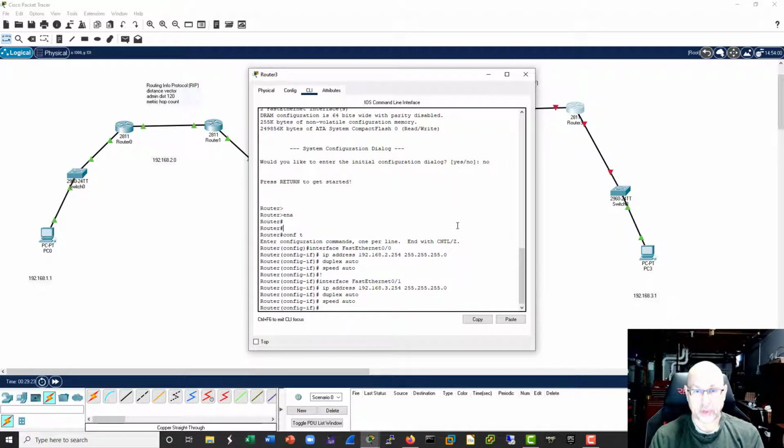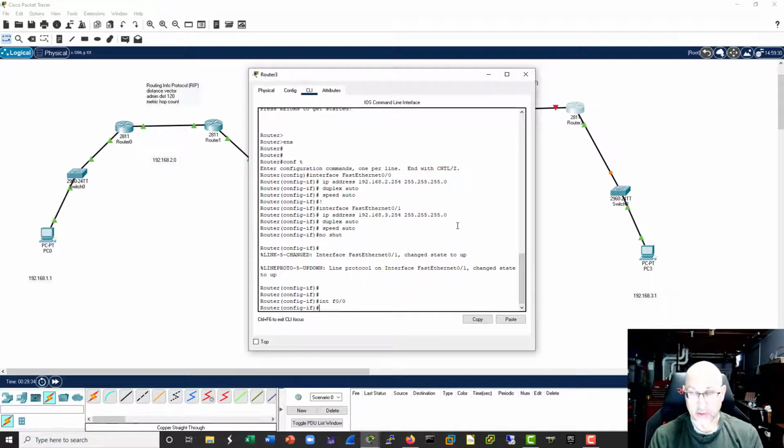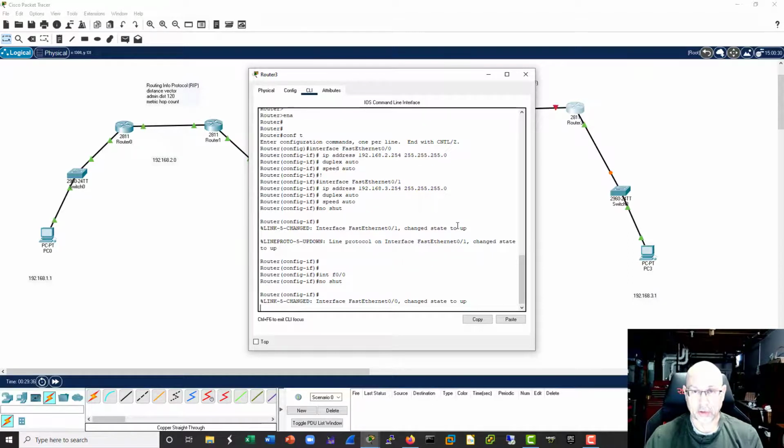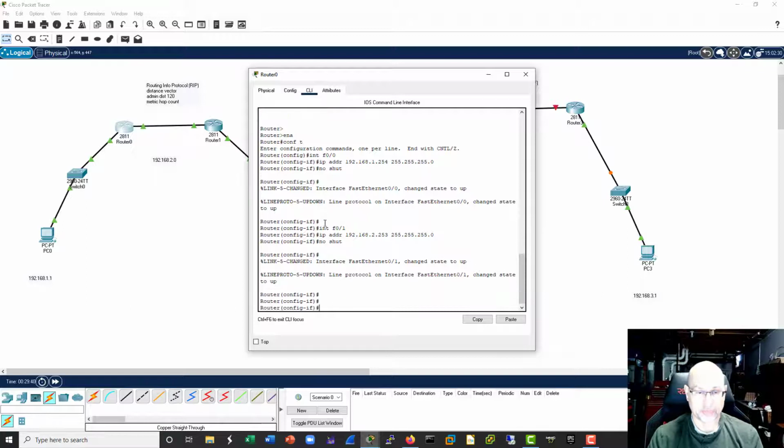What we might have to do is the no shuts a lot of times don't come across. So let's go to interface 0/0. We'll do a no shut here too. Now we're going to do the same thing on the other router.